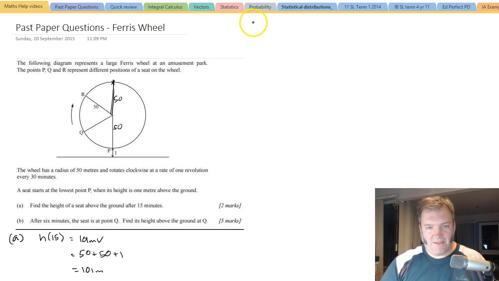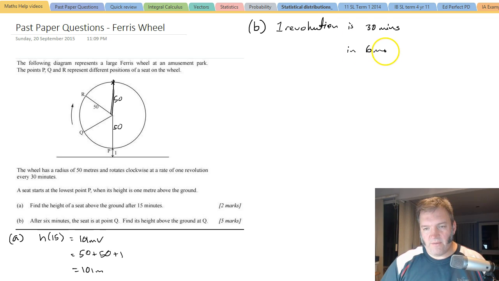After 6 minutes, the seat is at point Q. So it's over here. Find its height above the ground at Q. One revolution is 30 minutes. Now, I'm going to know in 6 minutes, how far am I going to go?